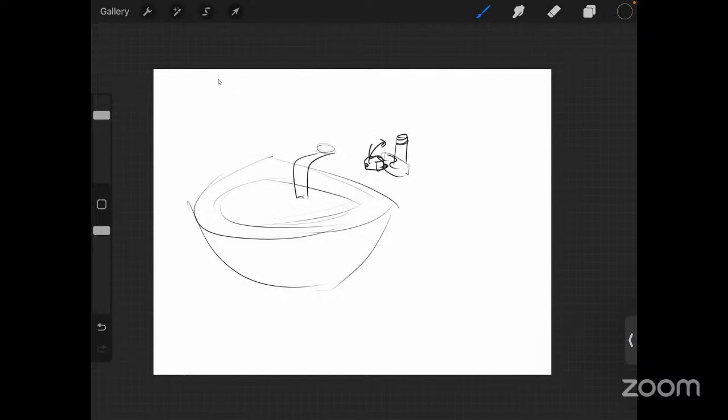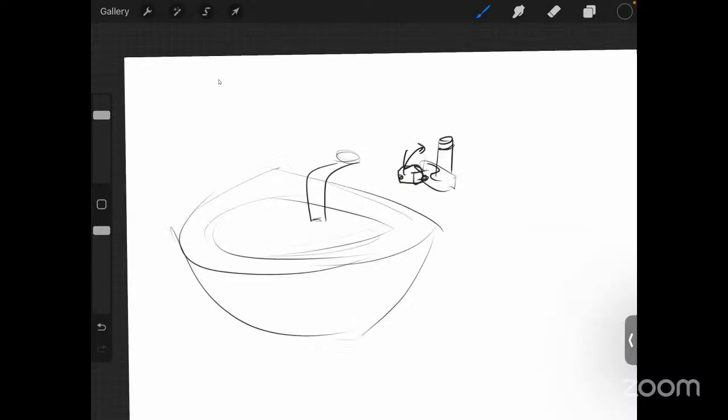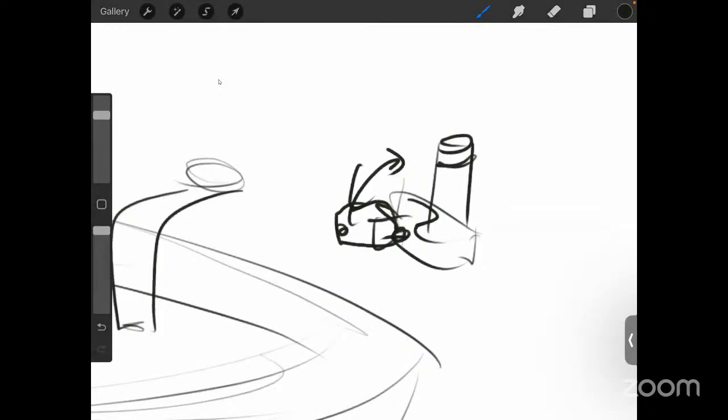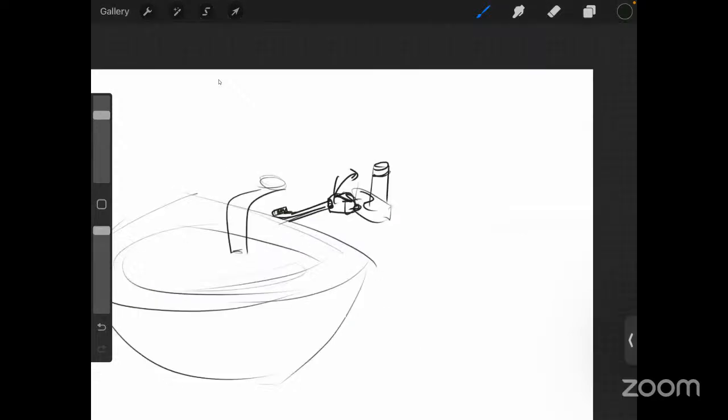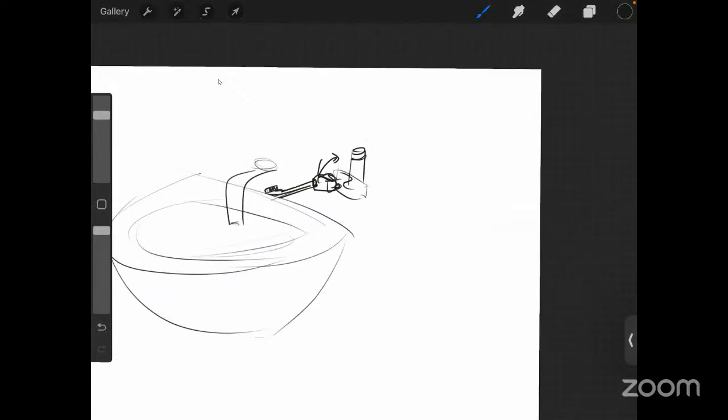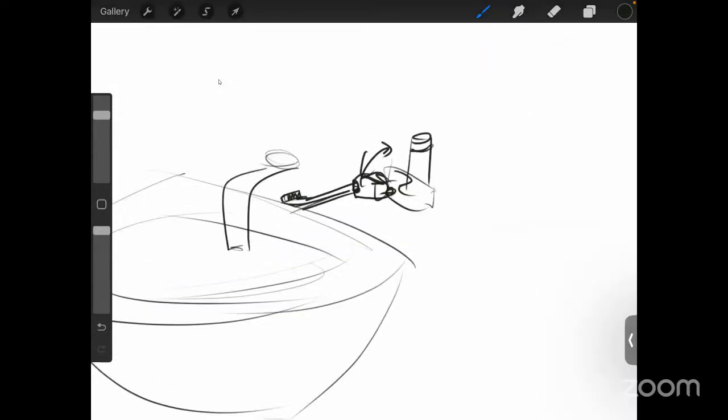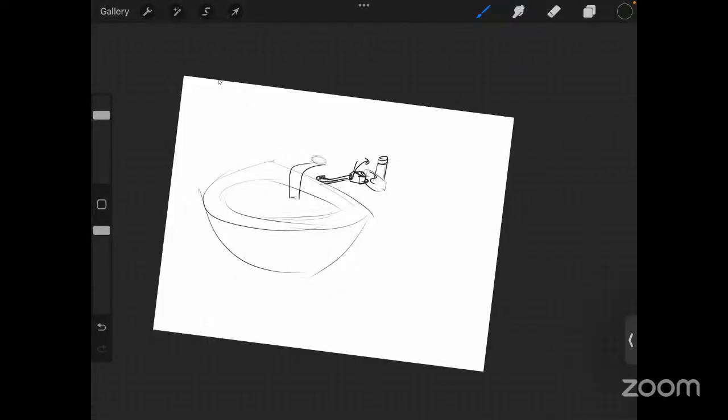You understand? It goes up and down, and then you have the toothbrush kept over here. So this could go up and down, right? When you want to apply the toothpaste, it'll come like this, or else you can keep it vertical to save the space.